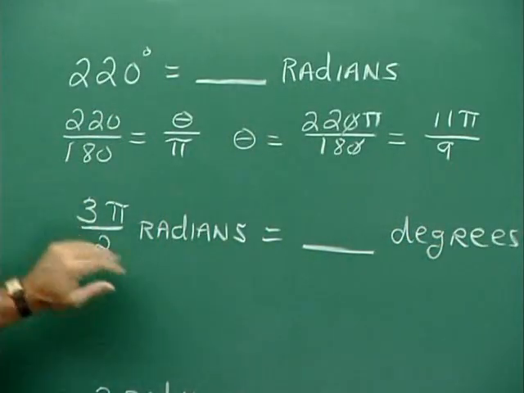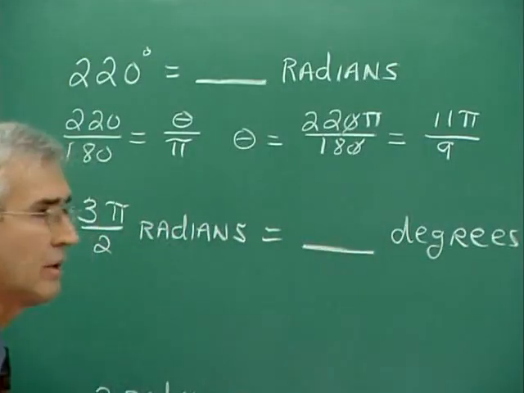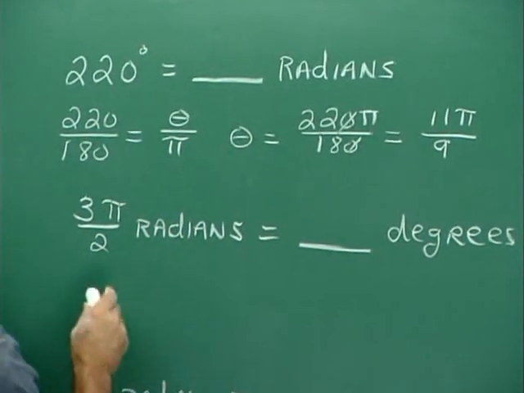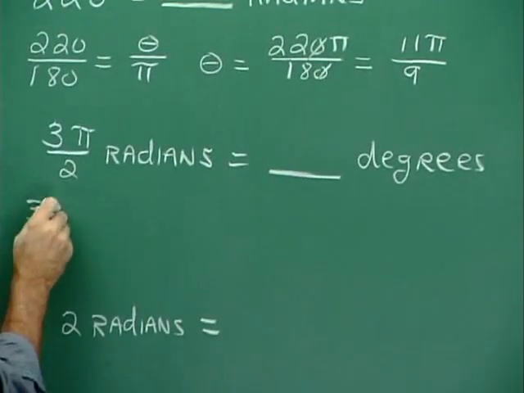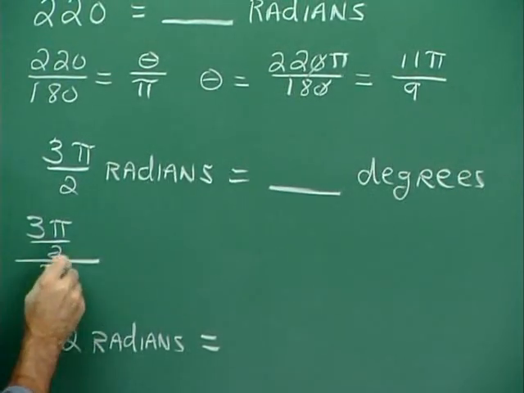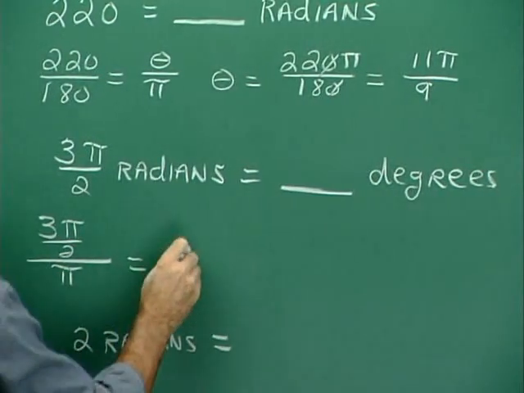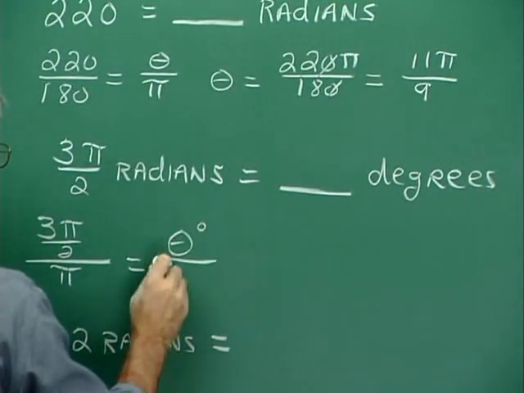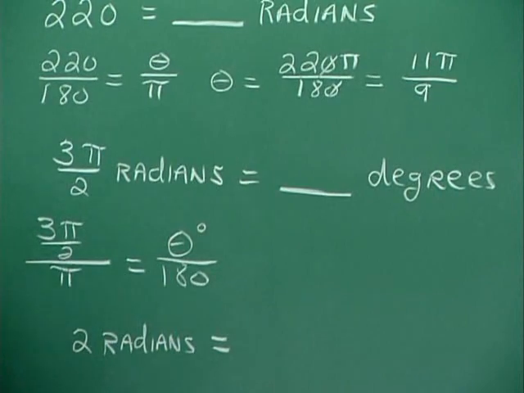How about 3 pi over 2 radians and converting to some number of degrees? Well, again, it's the same idea. We take the number of radians and put it over pi, and then this is equal to theta in degrees over 180. And again, we go through the cross multiplication thing.